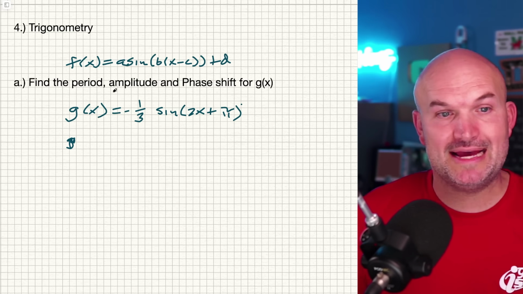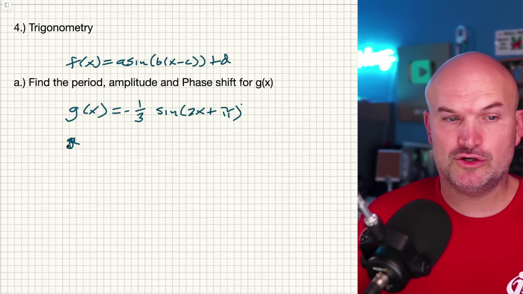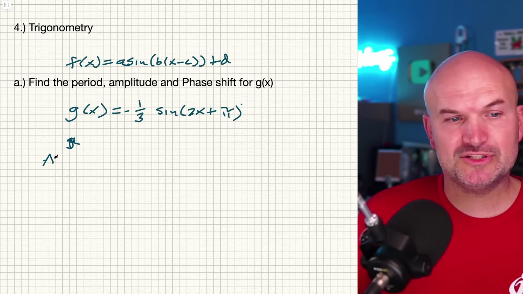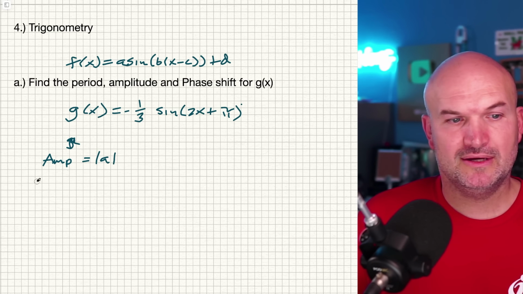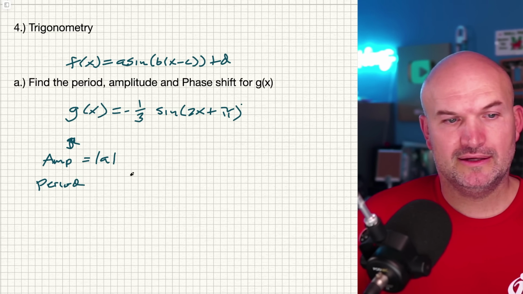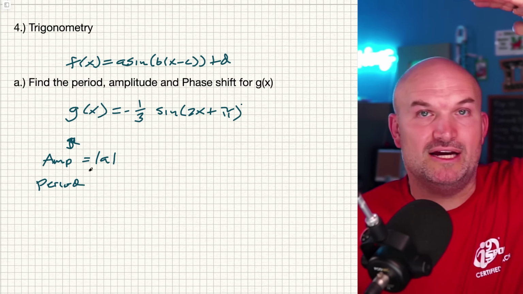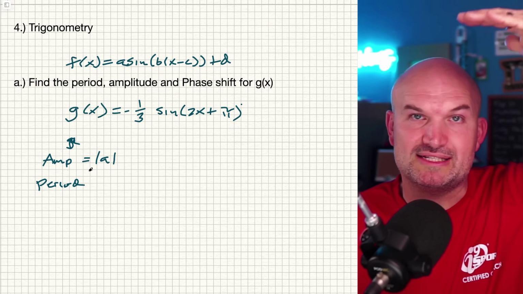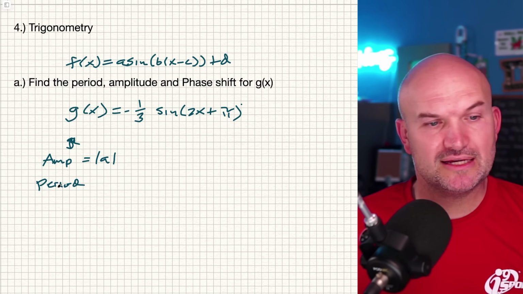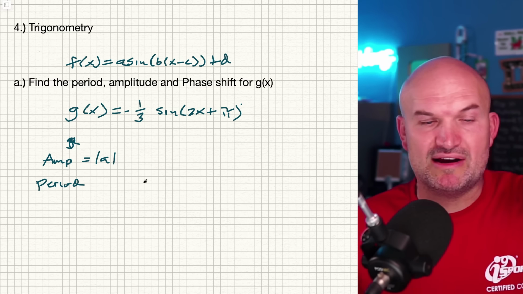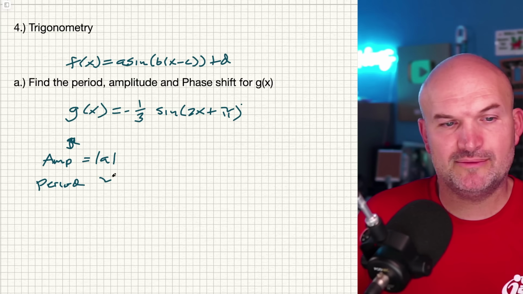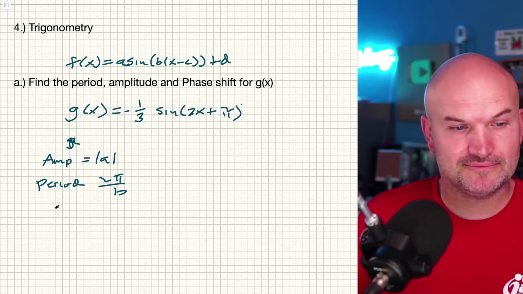Now, when we're talking about amplitude, period, and phase shift, let's go over it. The amplitude is simply just going to be the absolute value of a. That's the half distance from the max and the min of your vertical points on your graph. The period is going to be how long it takes the graph to repeat itself. So therefore, that's going to be 2 pi divided by b.